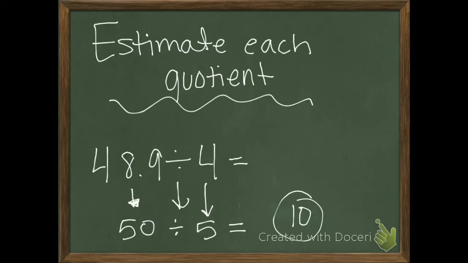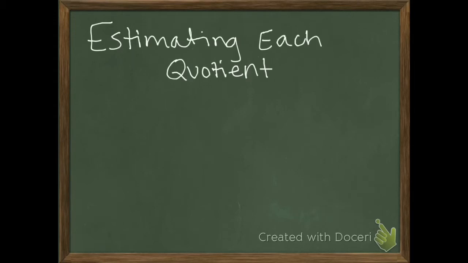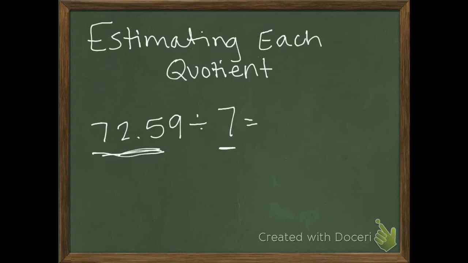So now that I've shown you one, I want you to try one on your own. So you're still estimating each quotient, but remember what I told you, when it says that on these, you need to estimate or use compatible numbers to help you estimate first before you get your answer. So let's go ahead and figure out what these would be. 72.59, there's a number that's close to it that can go into a number that's close to 7.